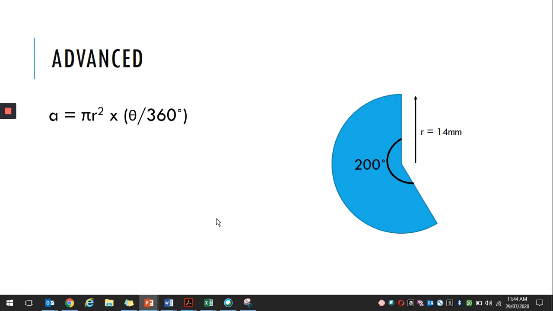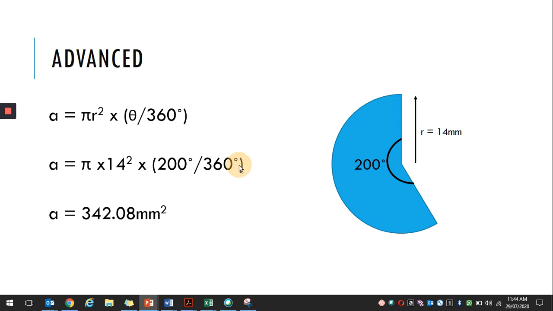So substituting our values of radius and theta, my radius was 14 millimeters and my angle was 200 degrees. So again, plugging it into my calculator as I see there.